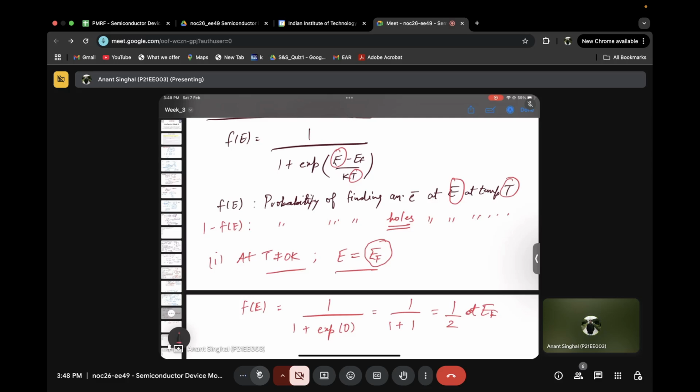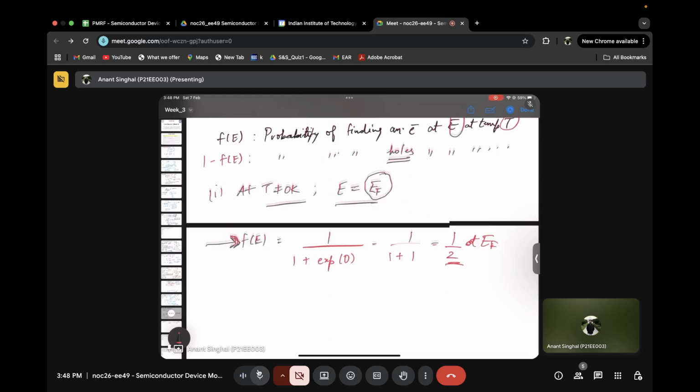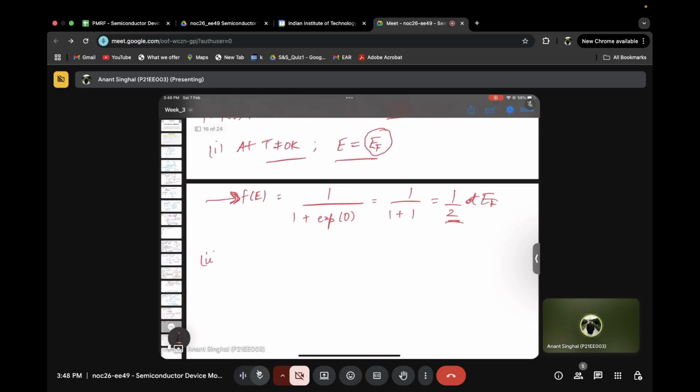So the Fermi level is that energy level at which the probability of finding the electron is always 1 by 2. Make sense?